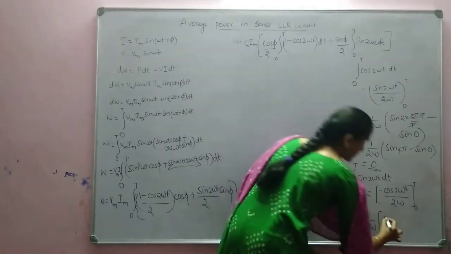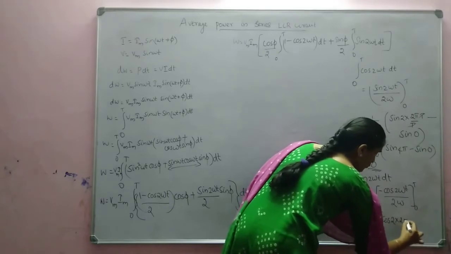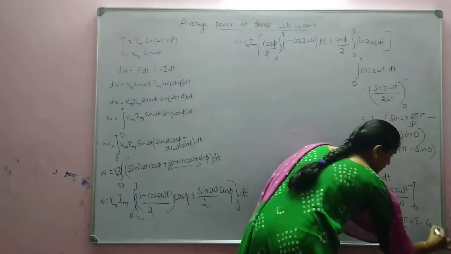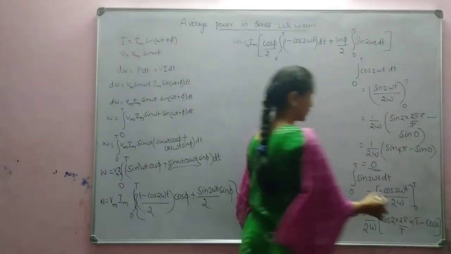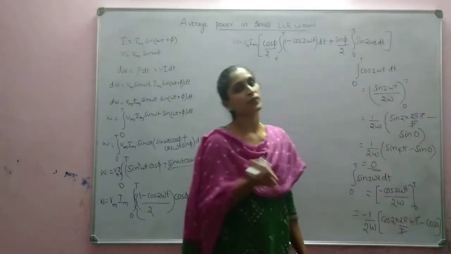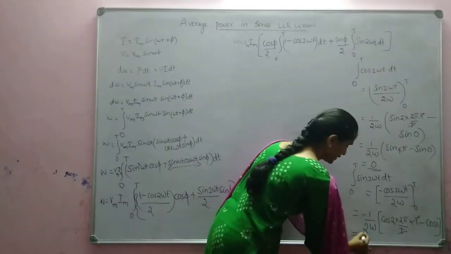Again we can apply the limits. What you will get? Cos 2 into 2 pi by T into T minus cos 0. So cos 4 pi minus cos 0. Cos 4 pi is 1, cos 0 is 1. Again you will get this answer also 0.